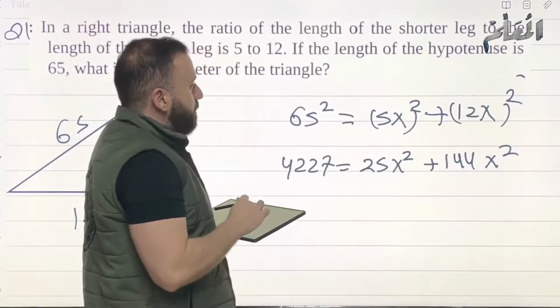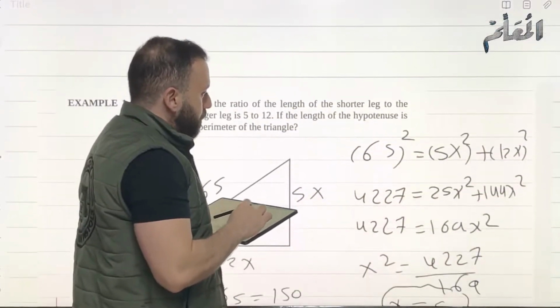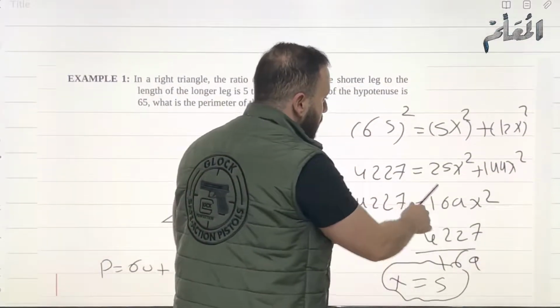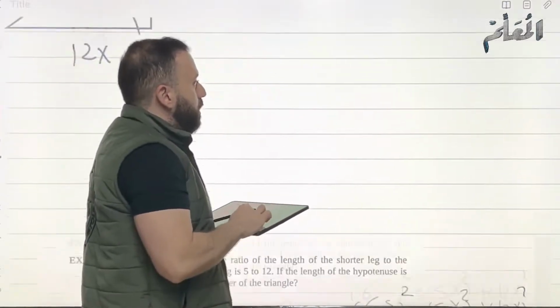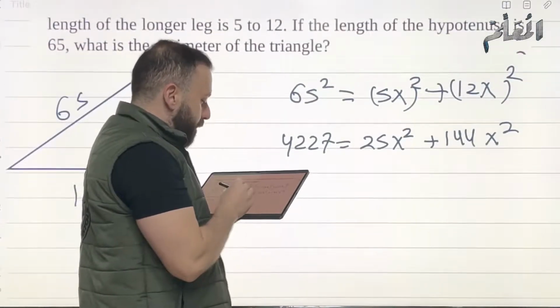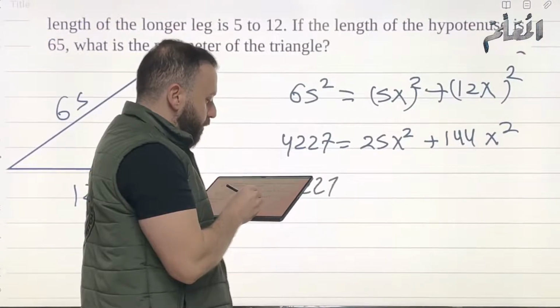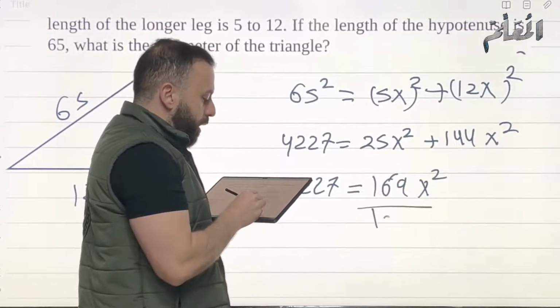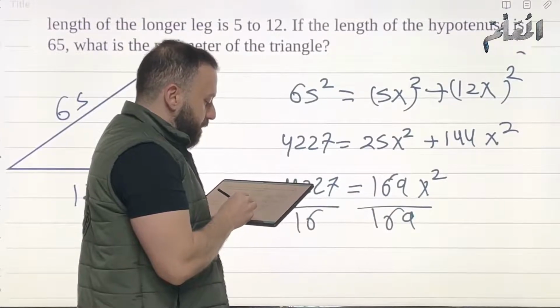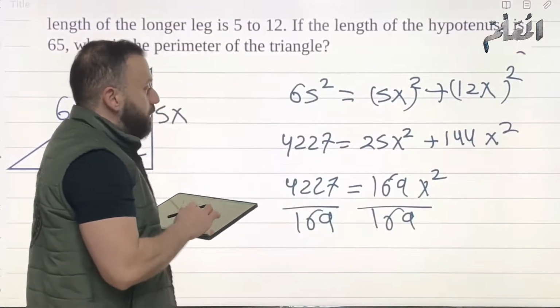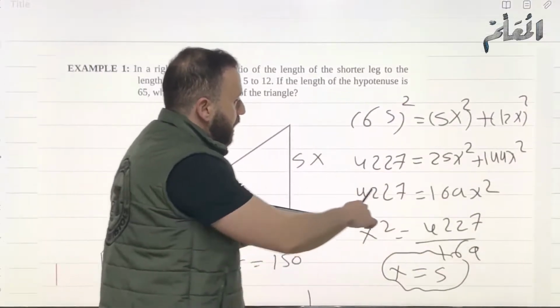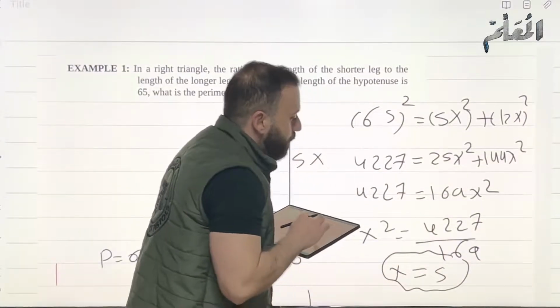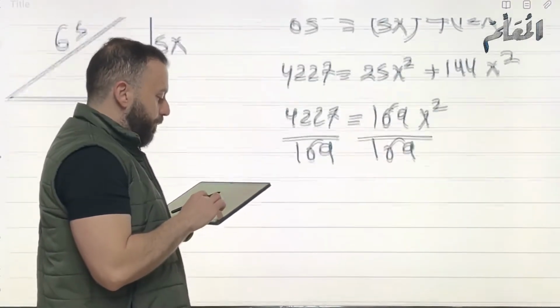After calculating, we will have, as you can see here, 169x squared. We simplify it: 4,225 is equal to 169x squared. Divide by 169, and using calculations directly, I get what? x squared is equal to how much? 25.